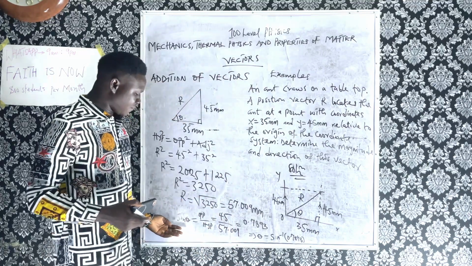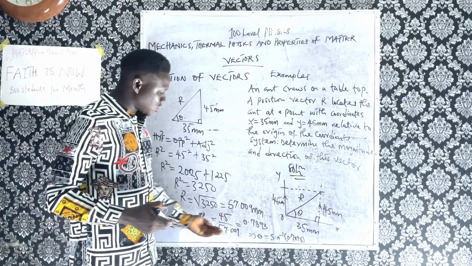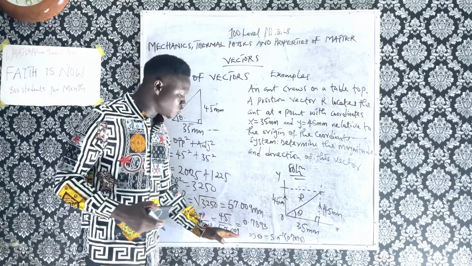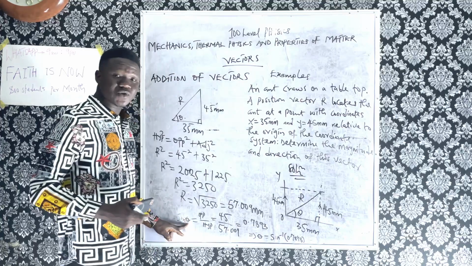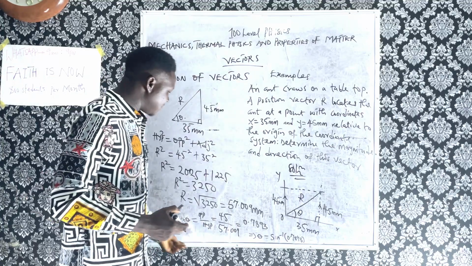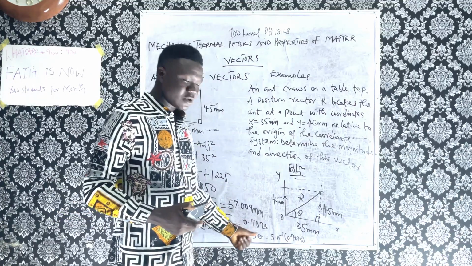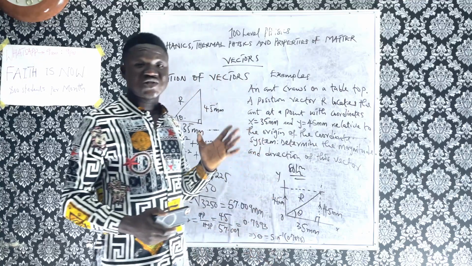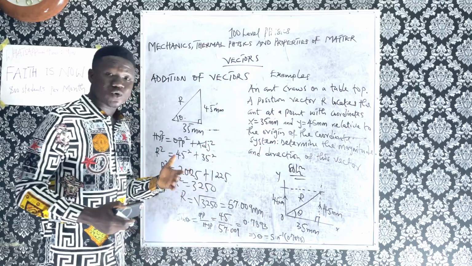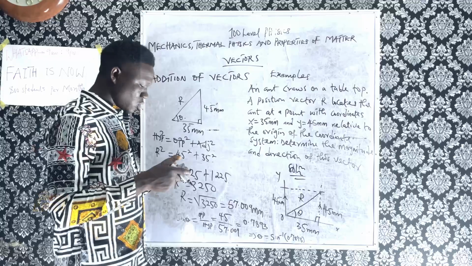Whenever you have sine theta equals any value, for you to get the angle theta, you take the inverse of the other side. When you go to your calculator, you just press shift sine, that gives you your inverse. So I'll leave that to you.